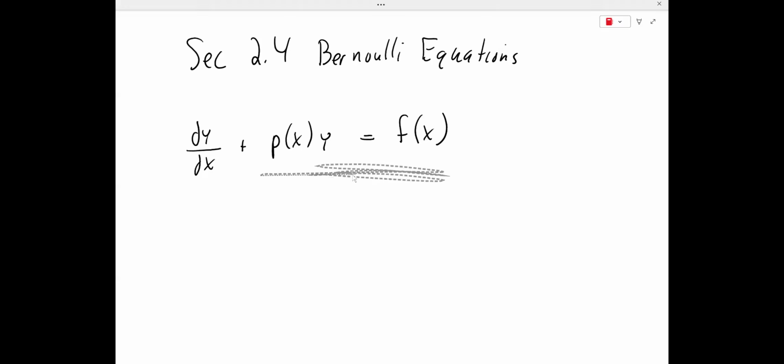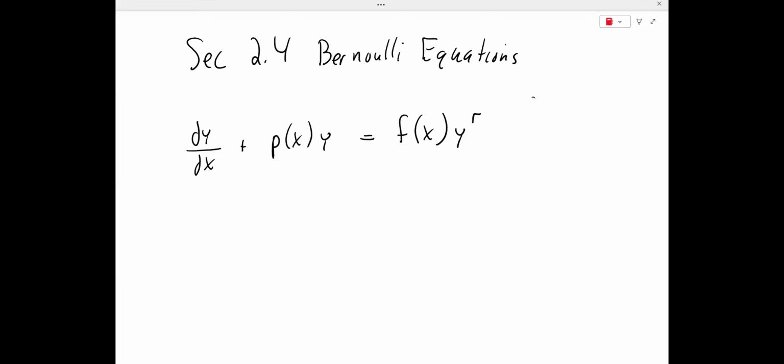This is what we just did. Now, a Bernoulli equation tacks on another thing over here: f of x times y raised to a power. So it's a little more complicated. So it's y raised to a power, like this. This is called a Bernoulli equation.